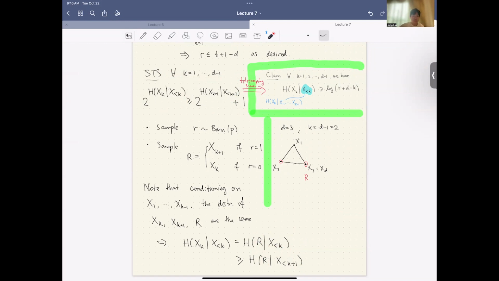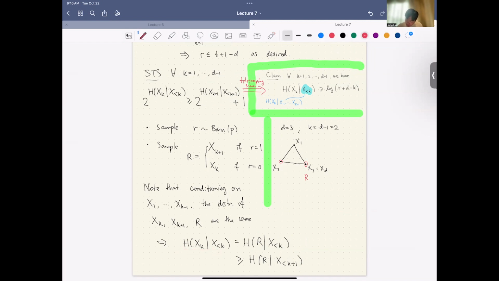One second. So how are we going to stick in the plus 1? Just by dropping conditioning, we can prove.